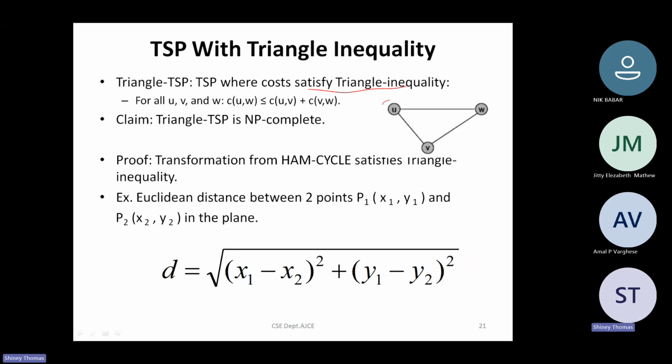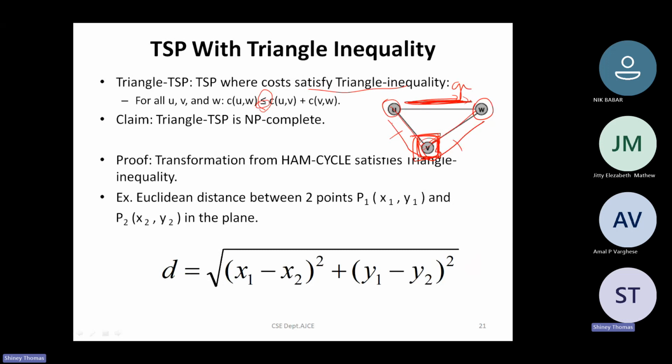Suppose you want to move from U to W. The cost of moving from U to W will be equal to or even lesser than the cost when you go through a third vertex like V. We might think we go this way and then that way, so two edges' cost comes in. Instead, if we can go directly, naturally it will be either equal or lesser; it will never become greater than going through the other vertex. It will have the same cost, or it will be lesser than the cost of traveling from U to V and V to W. So this is known as the triangle inequality property.